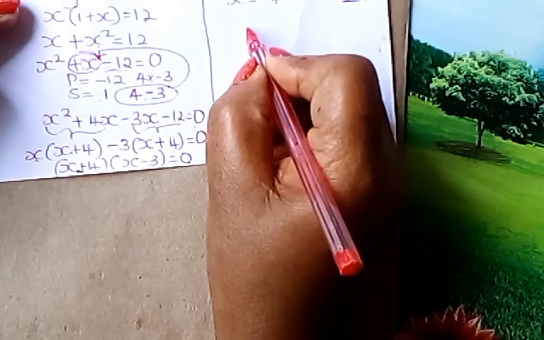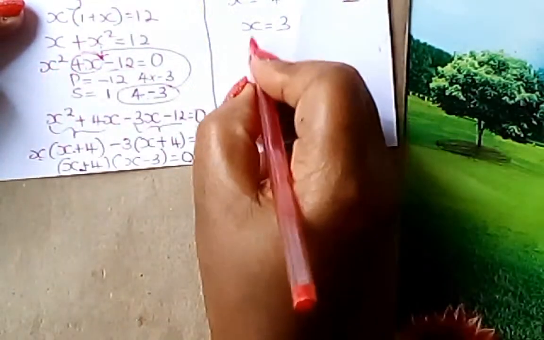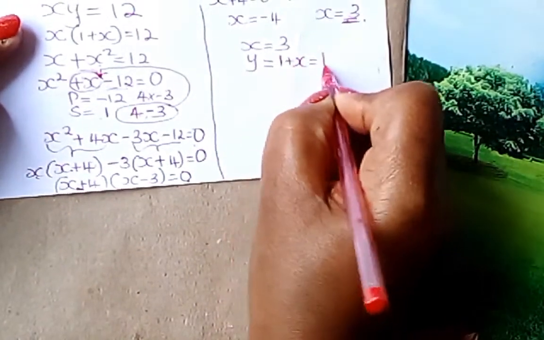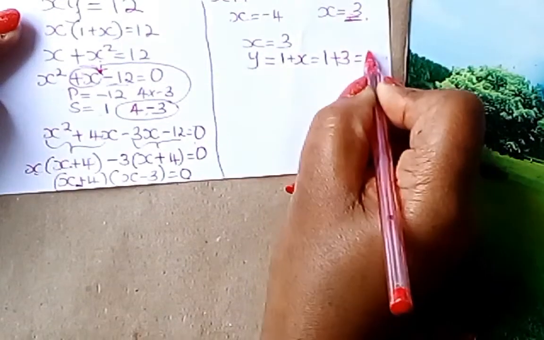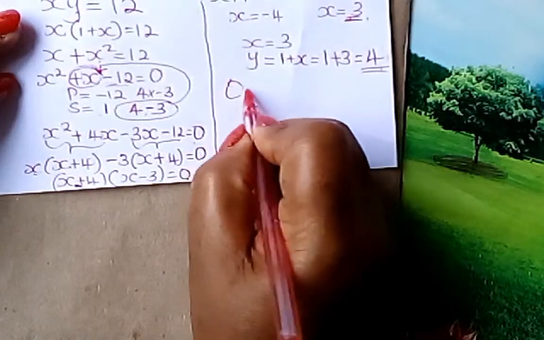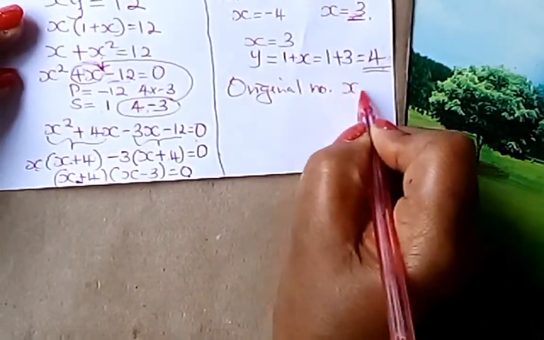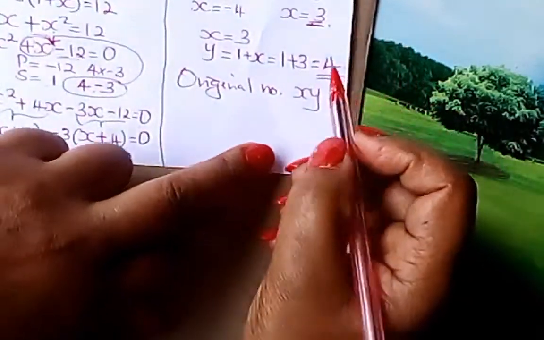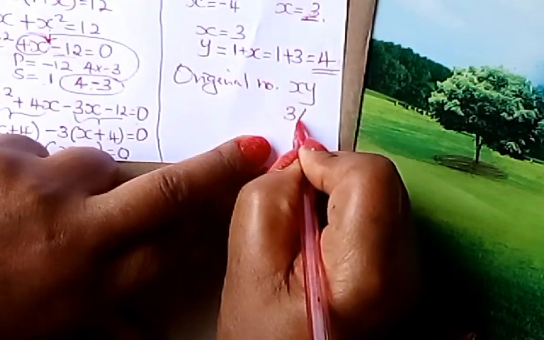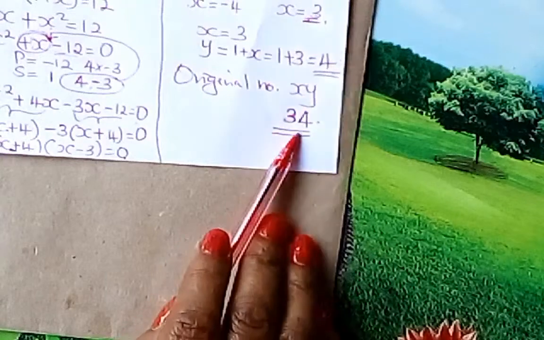If x is 3, we can use this second equation. y is 1 plus x, which is 1 plus 3, which is equal to 4. And therefore, the original number, which was xy, is 3 for our x and 4 for our y. This was the original number.